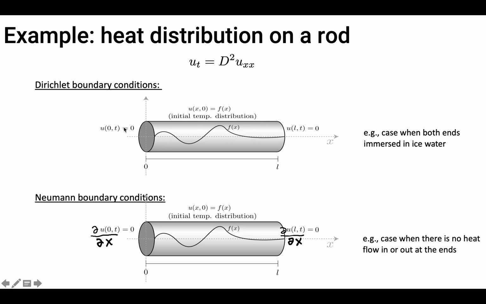So an appropriate boundary condition would be u at x equal to 0 for all time t is equal to 0, and u at x equal to L for all time t is equal to 0.